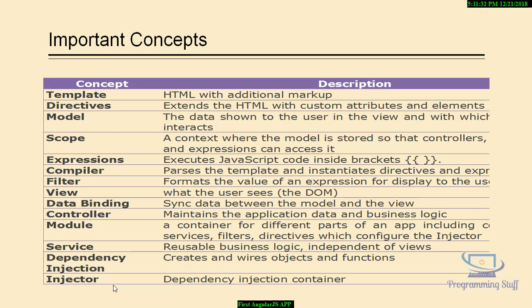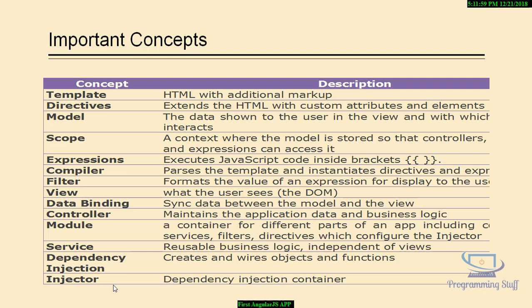Here I mention the important concepts in AngularJS. Template: HTML with additional markup, which is used with an AngularJS application. Directives: extend HTML with custom attributes and elements. Model: the data shown to the user in the view, with which the user interacts.